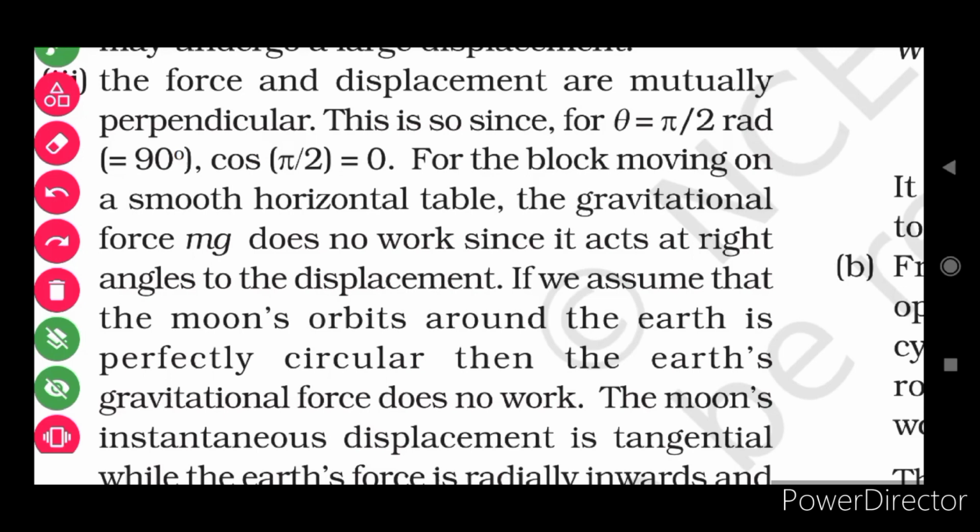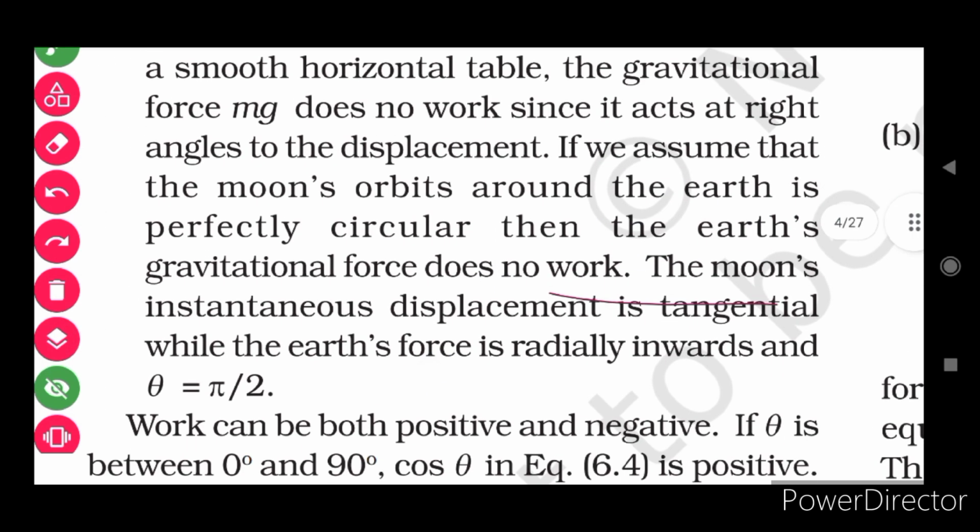Now if we assume that the moon's orbit around the earth is perfectly circular, then the gravitational force does no work. The moon is actually moving in an elliptical path, you will see in the gravitation chapter, but let's assume it is moving in a perfectly circular path.